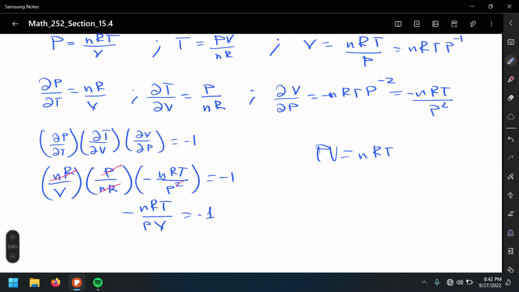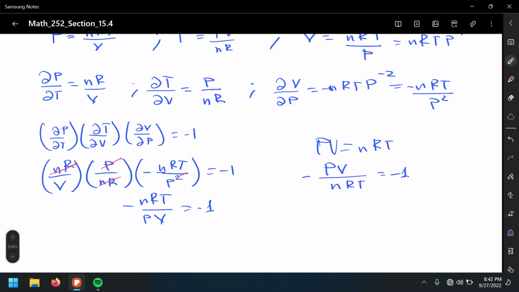If we divide both sides by nRT, we get PV over nRT equals 1. If we multiply both sides by -1, check this out, it's true. That cyclic rule is true then, because -1 is -1.